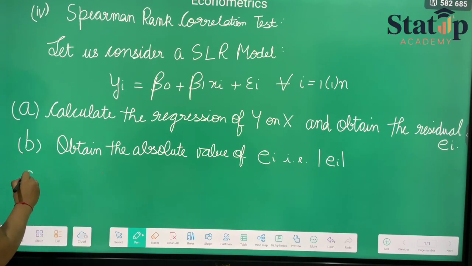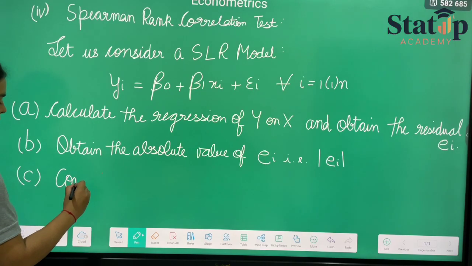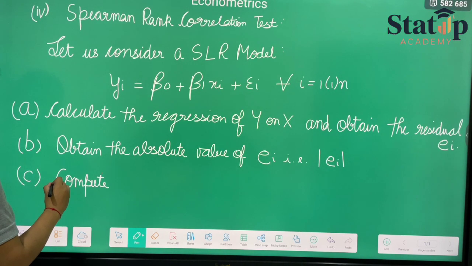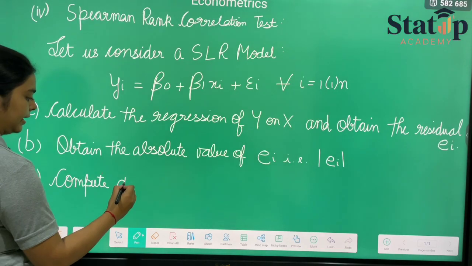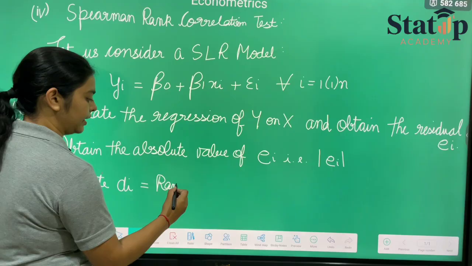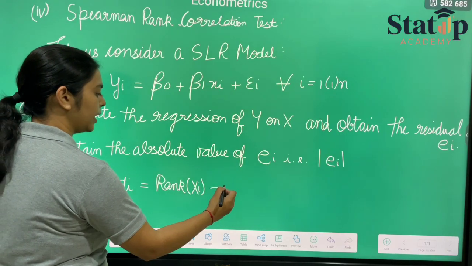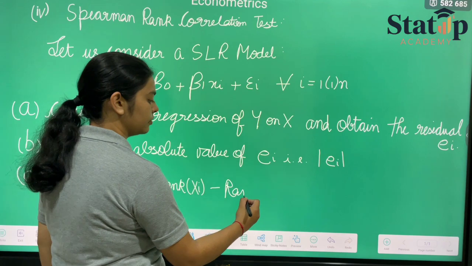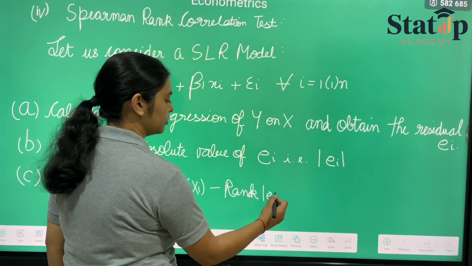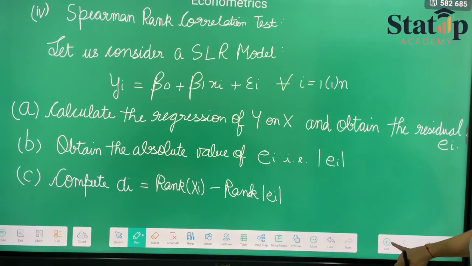Now we will compute di as rank of xi minus rank of ei. di is computed as this.